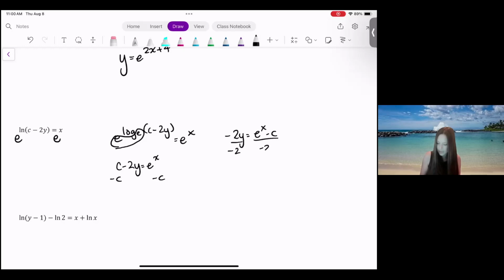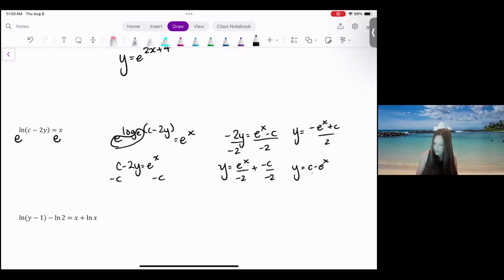Dividing both sides by -2, that's y equals e to the x over -2 plus -c over -2. The reason I'm writing that is because I want to rewrite it by getting the negative out of the denominator. That's going to be y equals negative e to the x plus c over 2, which I'm going to rewrite as c minus e to the x over 2, just to clean it up.